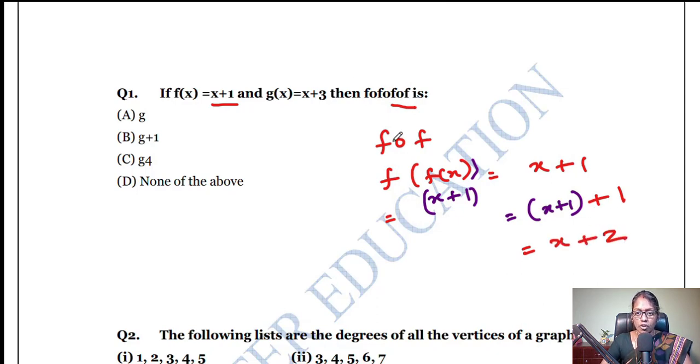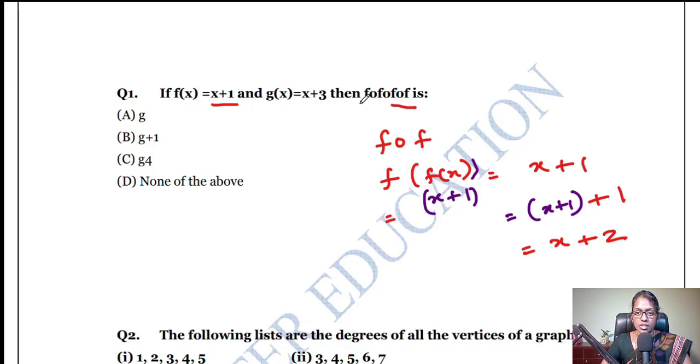For f of f, you apply the f of x value again to this x value. So f of f means x plus 2.